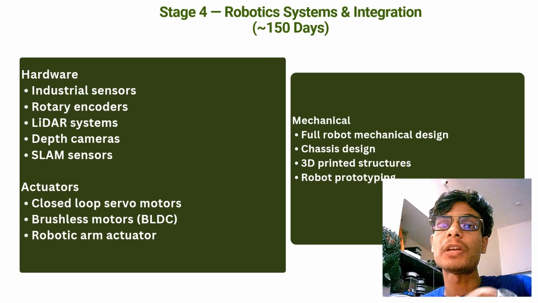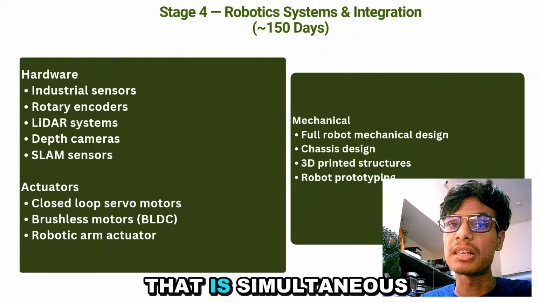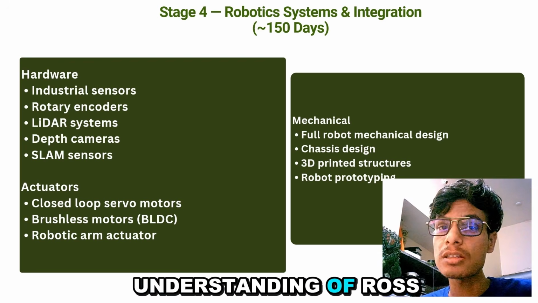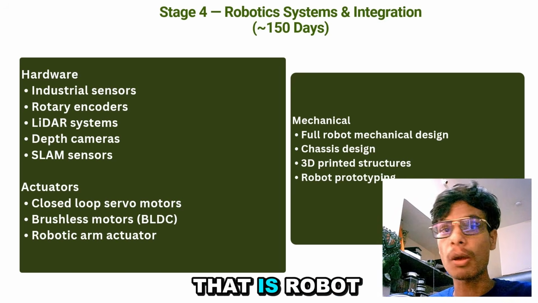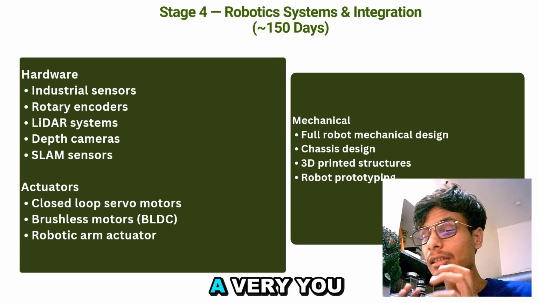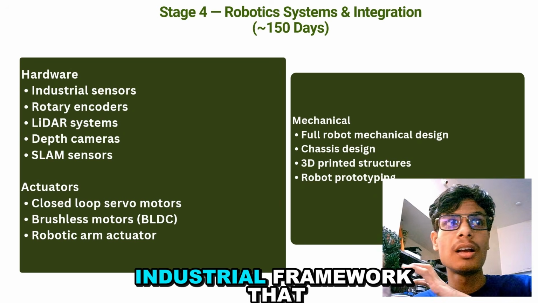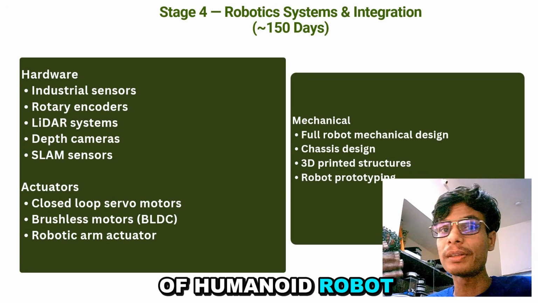For example, when we are talking about industrial sensors like encoders, lidar, depth cameras, or SLAM, that is simultaneous localization and mapping. Here you need to get an understanding of ROS. Basically, stage 4 is more dedicated to ROS, that is Robot Operating System. ROS is an extensively used industrial framework that almost any kind of humanoid robot goes with.